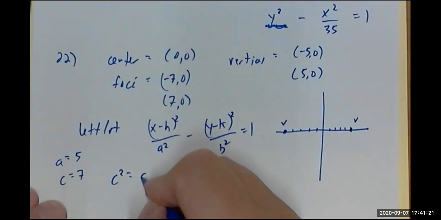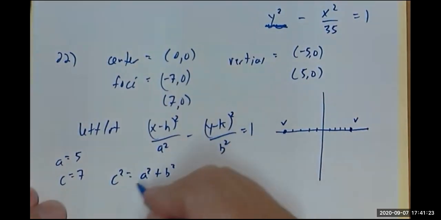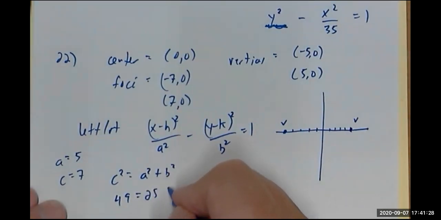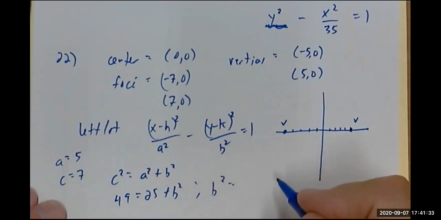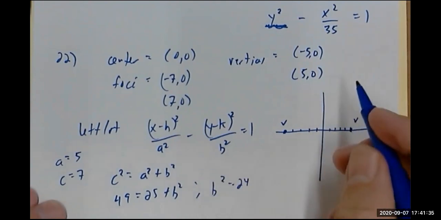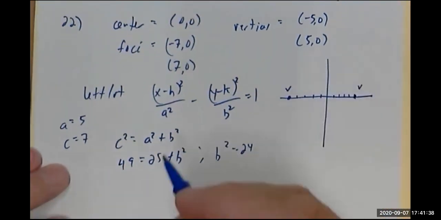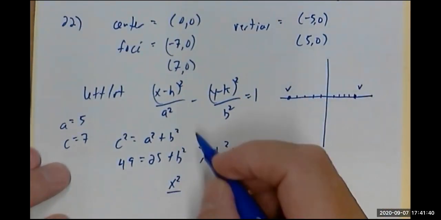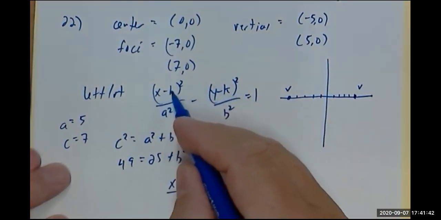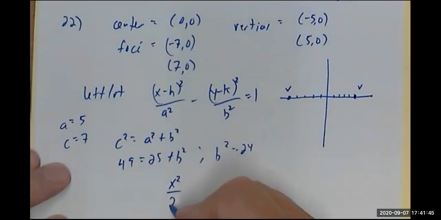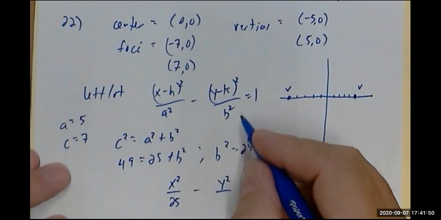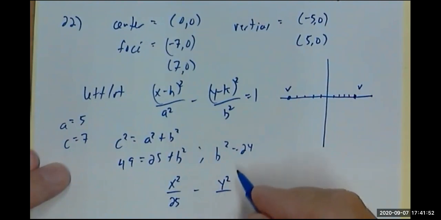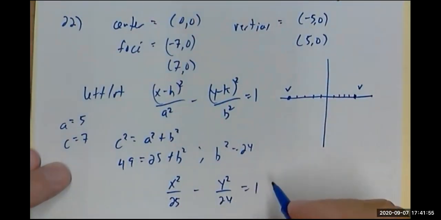So like we keep doing, we use this equation. 49 equals 25 plus b squared. B squared equals 24. So I think h and k are 0, 0, so x squared over a squared minus y squared over b squared, which is 24, equals 1.